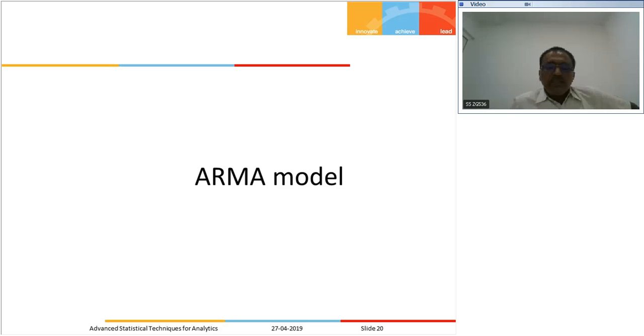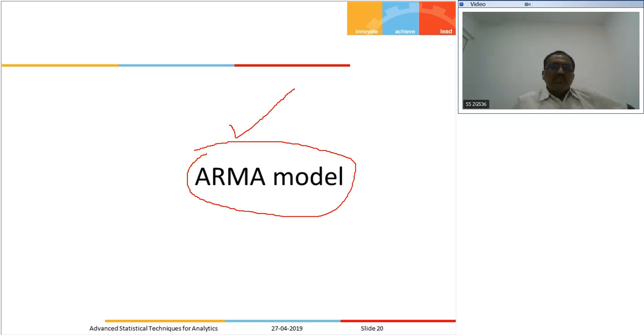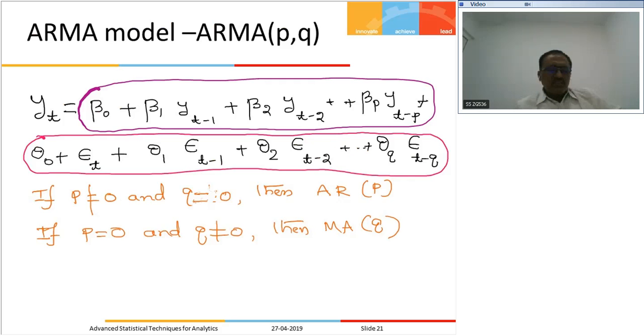Now combining these two models together, the third model is the ARMA model, autoregressive as well as moving average model. It is simply a combination of both models, where this is the AR model and this is the MA model.